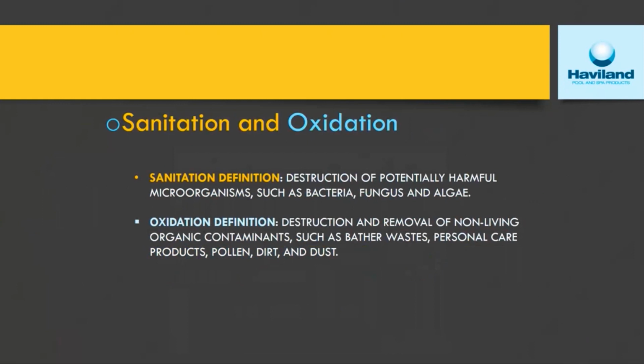We're not dissolving things. We're not scaling stuff up. But what about the people, right? We need to make sure that the people stay safe and don't get sick without disease or infection or anything like that. And we do that by sanitizing the pool water and oxidizing the waste that accumulates in that water.